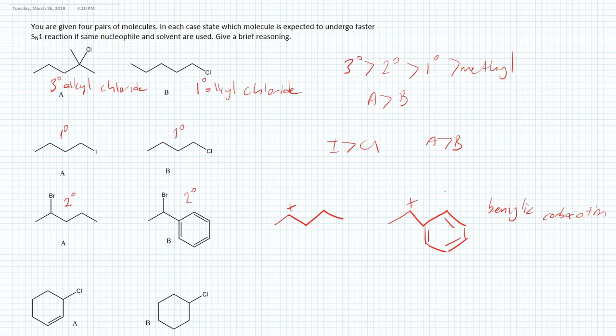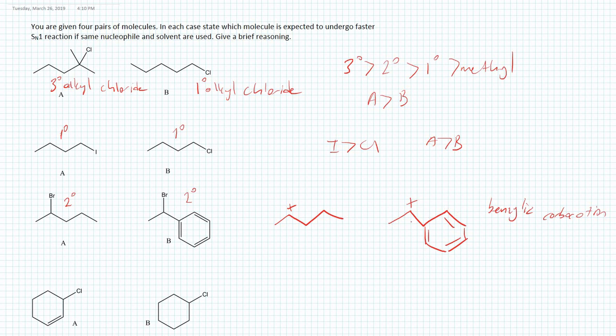Why are benzylic carbocations more stable? Because we can write 4 resonance forms for this carbocation. If you imagine that this is a double bond and this is a single bond and there is a positive charge here, we can write a resonance form and move the positive charge here. Then the same positive charge can move to here because it has also a next double bond, and it can move also here.